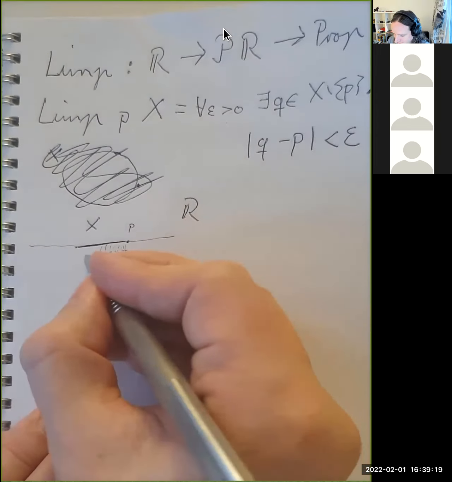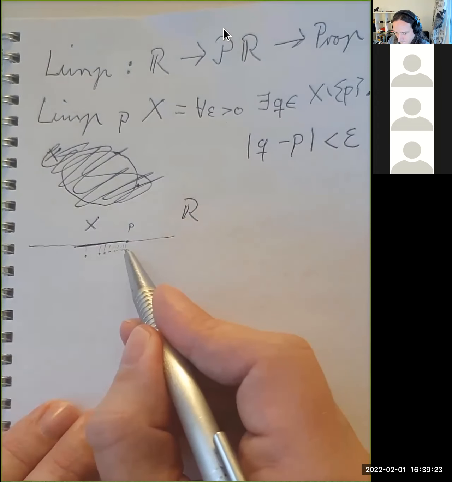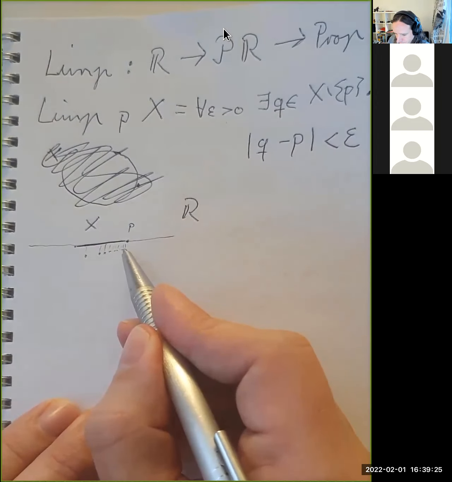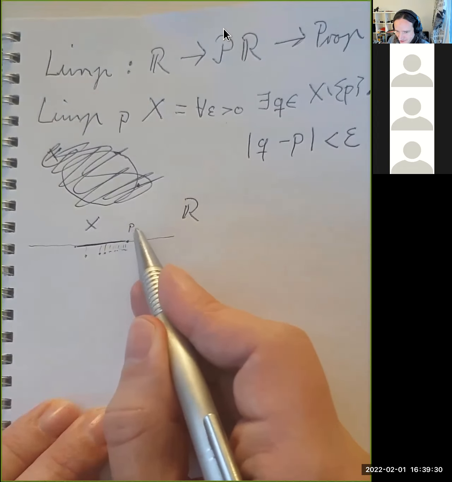So that should be equivalent to being a limit point of the set, without using the point in question.